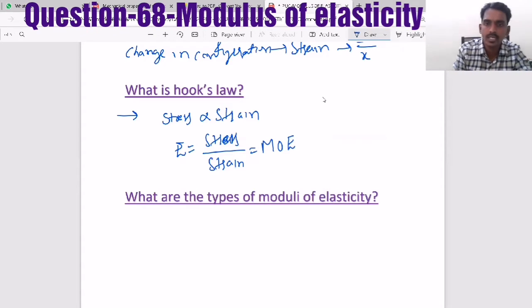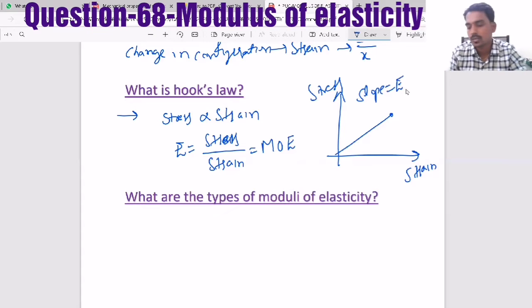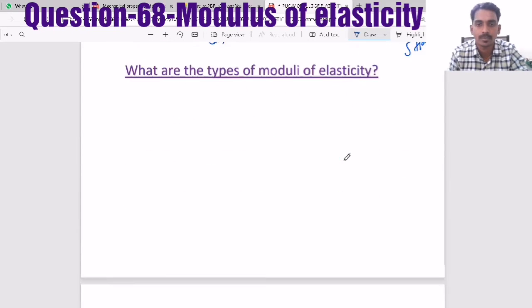If there is a graph between stress and strain, it must pass through the origin up to a certain limit. Then the slope of the graph is equal to the modulus of elasticity.